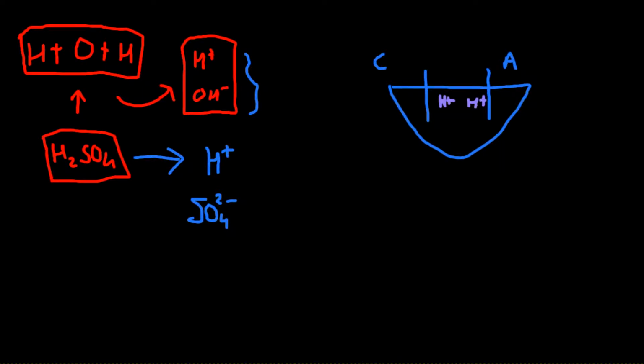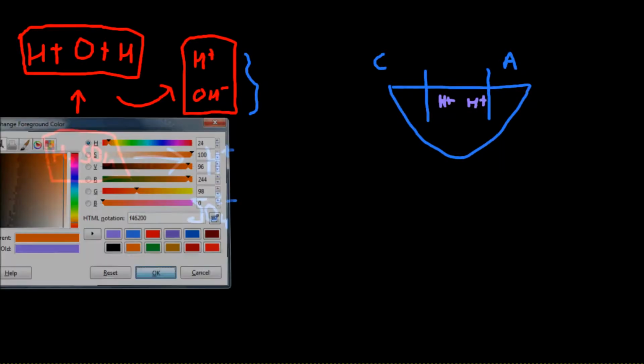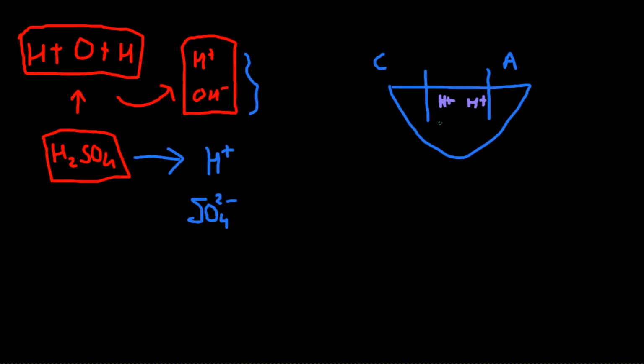And I'm going to do anions in a different color. So you have OH minus as one anion, and the other one is SO4 2 minus. I'm just drawing one for each because honestly I don't have space, but of course there'll be thousands of these just swimming around in the cell.